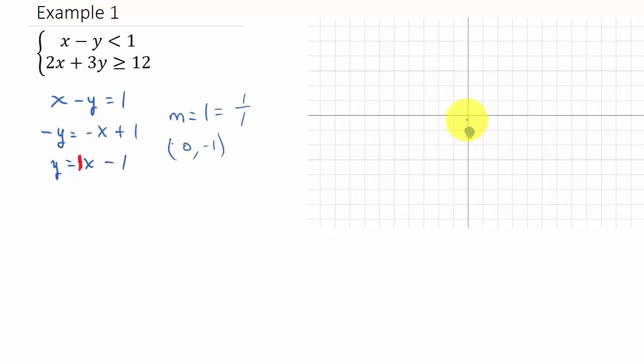And there's another point. And now I just draw my line. But because this is just less than, see there's no or equal to, that means the line is going to be dashed.